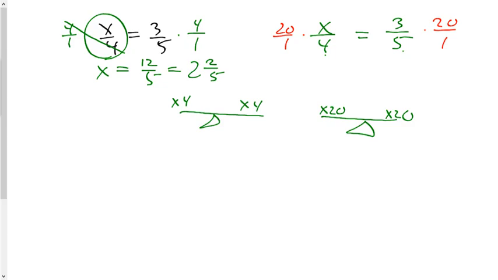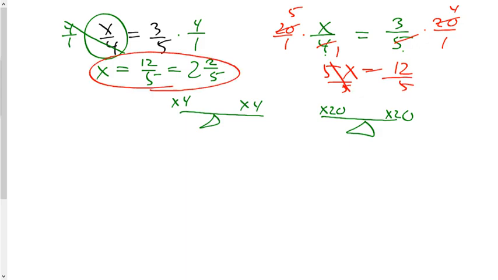But the great news is, when I do that and cross-reduce, I'll end up with 5x equals 12, right? By simply multiplying both sides by the common multiple and, most importantly, cross-reducing, you create an equation that does not have fractions, and therefore, when you solve it, you get the same answer, but a completely different pathway.